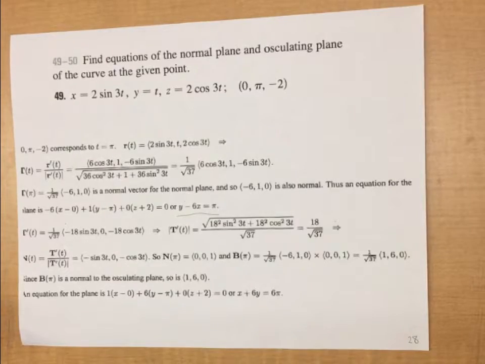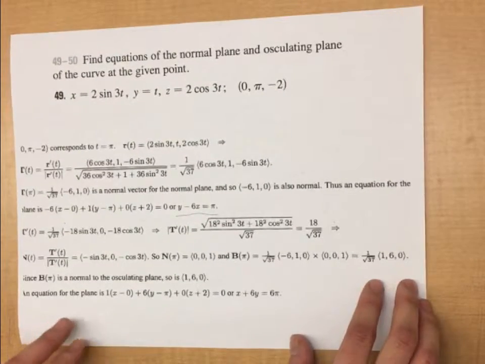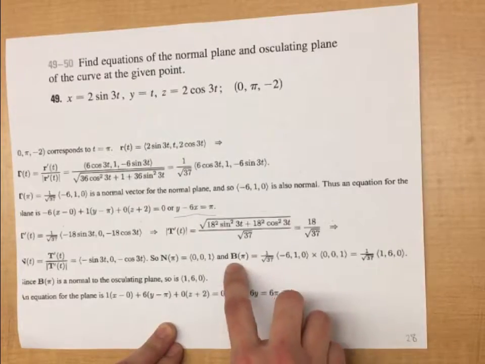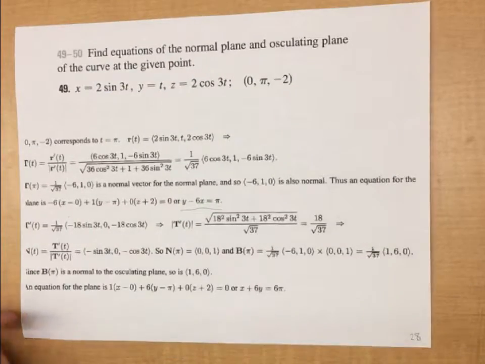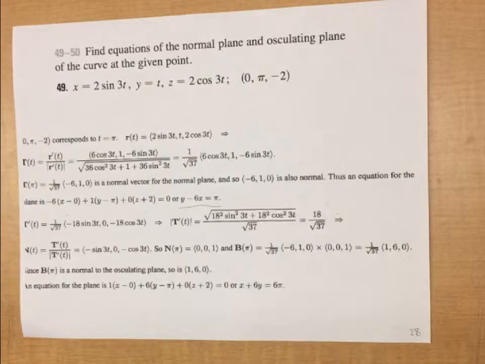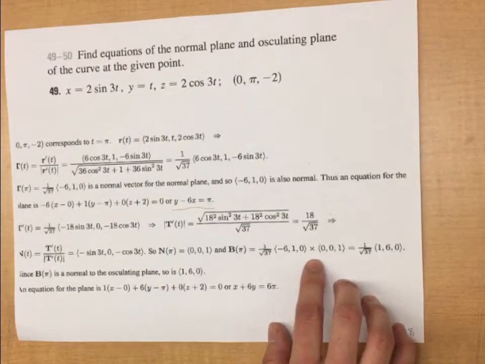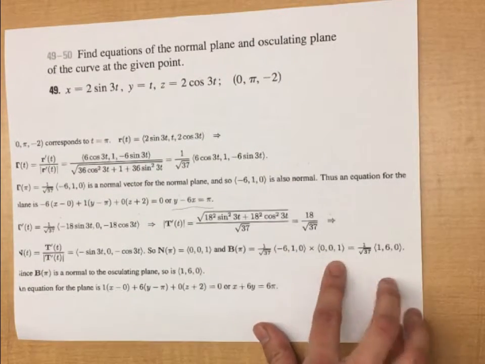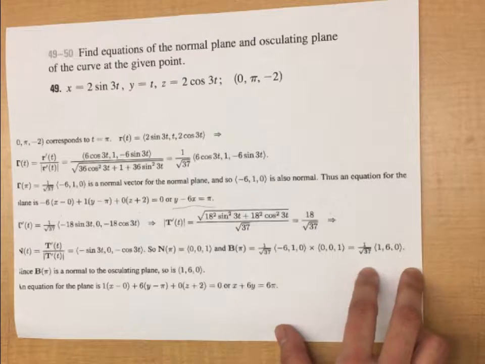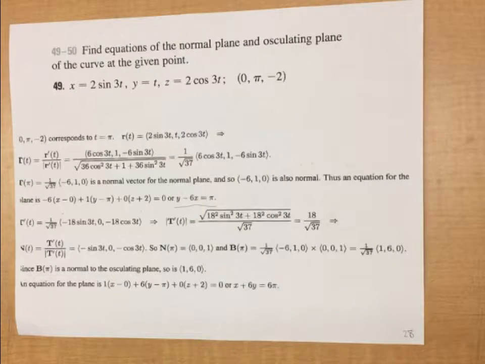And we found earlier, when we plug in pi to B, we find 1 over root 37 times (-6, 1, 0), and cross it with (0, 0, 1), we get 1 over 37 times (1, 6, 0). And since B of pi is normal to the osculating plane, so is (1, 6, 0).